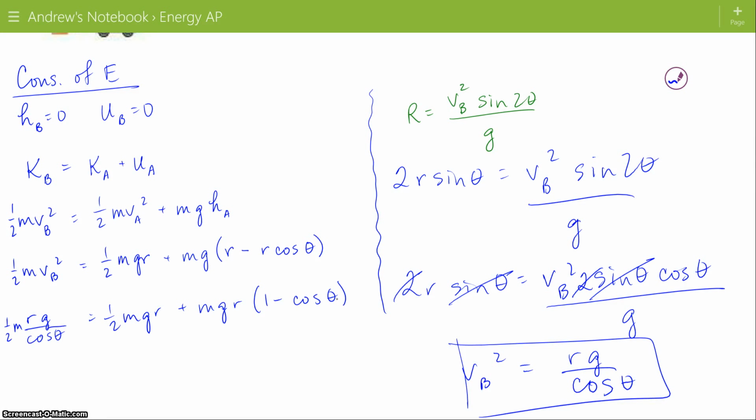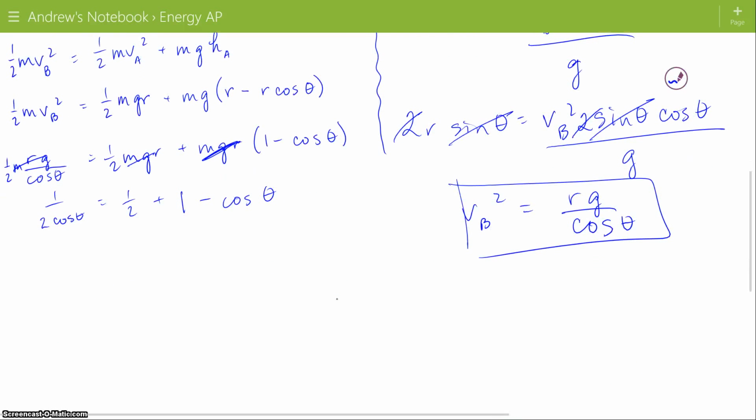And now the nice part about all my terms is that they all have an m and an r and a g, and so I can cancel them all out, and I get 1 over 2 cosine theta, which is equal to 1/2, plus this mgr has canceled, so it's 1 minus the cosine of theta. Simplifying, I've got 1 over 2 cosine theta is equal to 3/2 minus the cosine of theta.